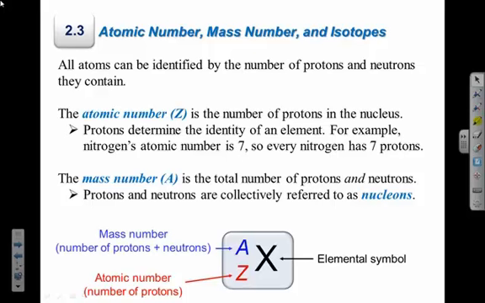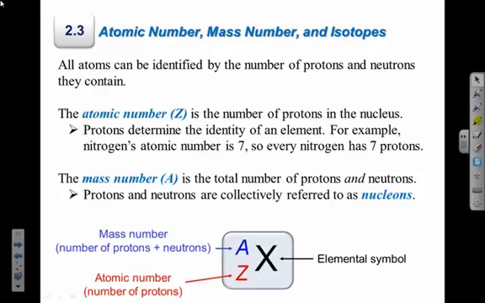If you have a periodic table, however, the mass is always given as a decimal. So for chromium, it's 51.9961. Where does that number come from? Does that mean that all chromium atoms have a mass of 51.9961? No, that number is an average of the naturally occurring isotopes.